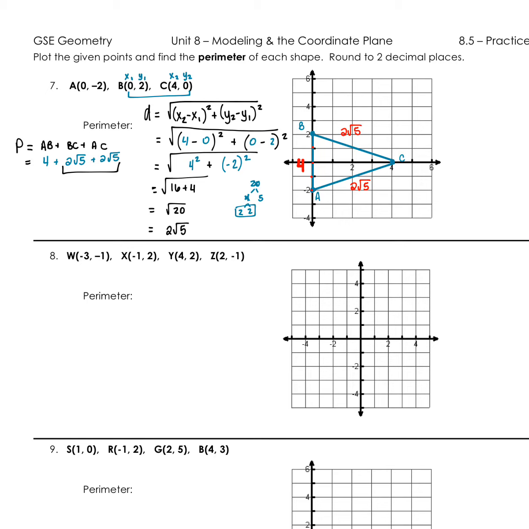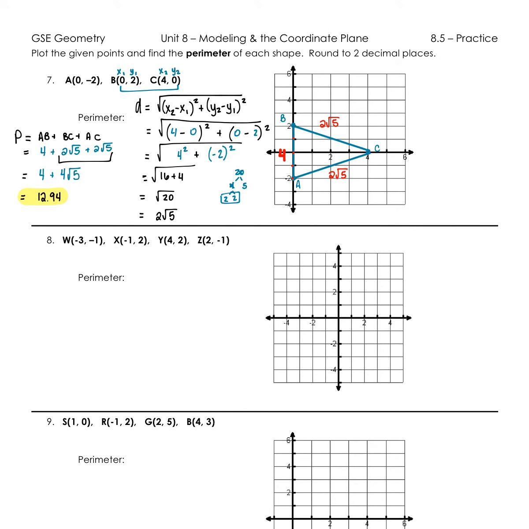The 2 rad 5s can be combined. The 4 is not going to combine with those. So our exact answer would be 4 plus 4 rad 5. Now we can put that into our calculator, and we come up with 12.94. This is our distance around. This is our perimeter. If I want to do area, I'll do area over here on the right.